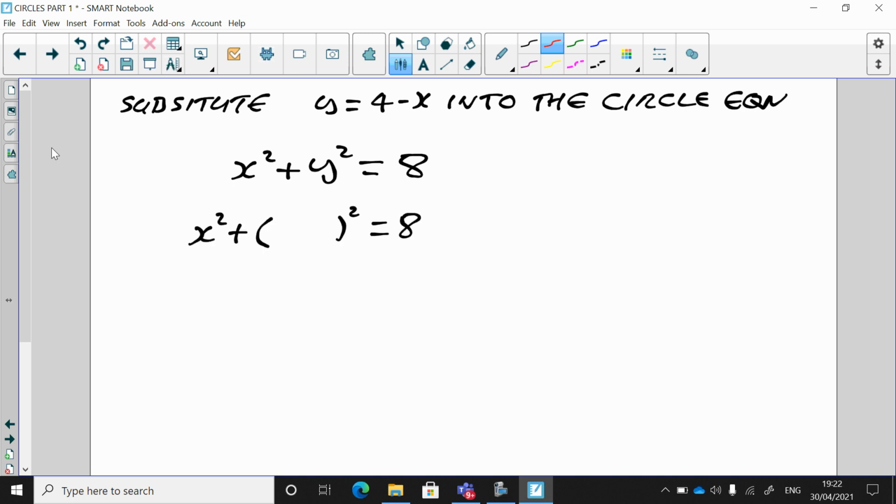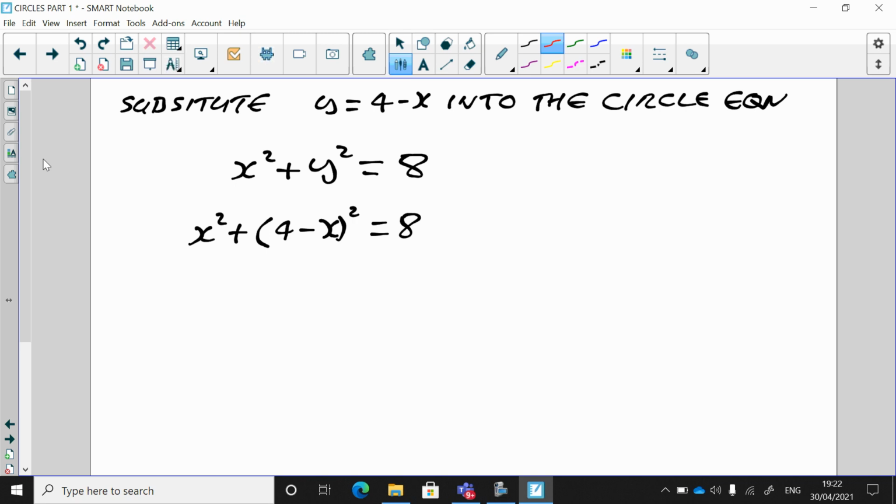Okay, so there we'll get rid of y, because we know that y is 4 take away x. So that is going in there. We know that. That's the value of y. Put it in. Okay. Right, so you get x squared plus 4 take away x squared.